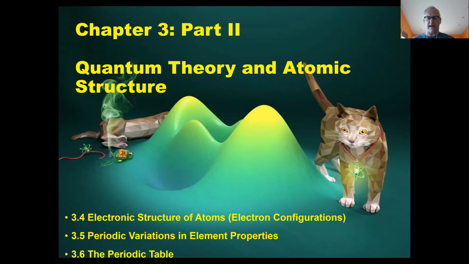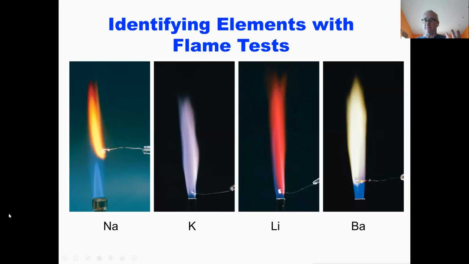And if you remember, it started, here we go, when we were looking at different colors being emitted from elements when they're excited. In this instance, they're being excited by energy from the flame.